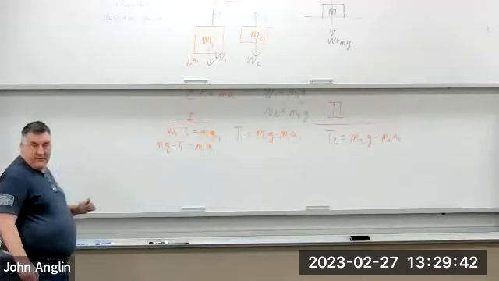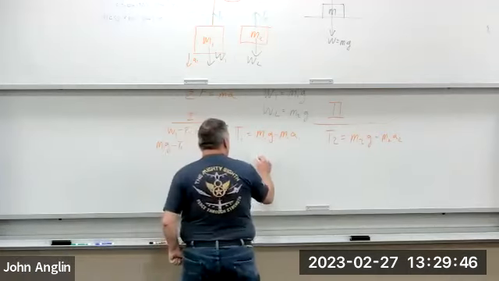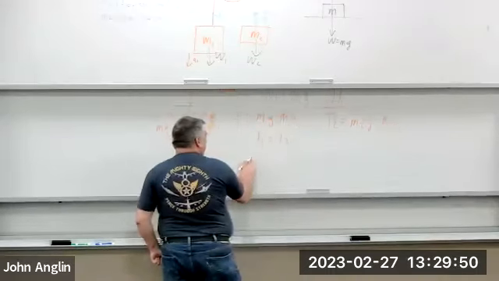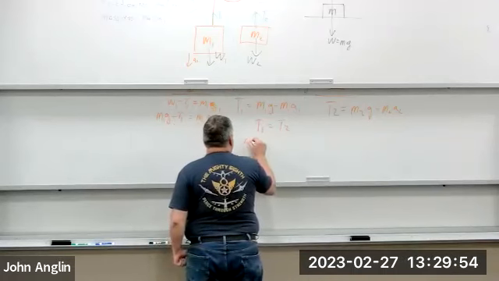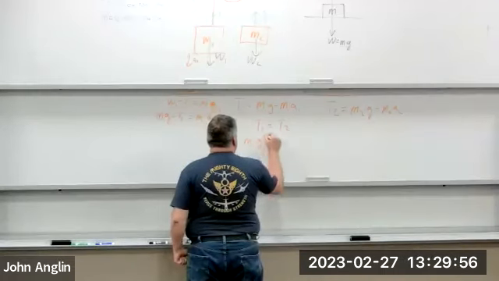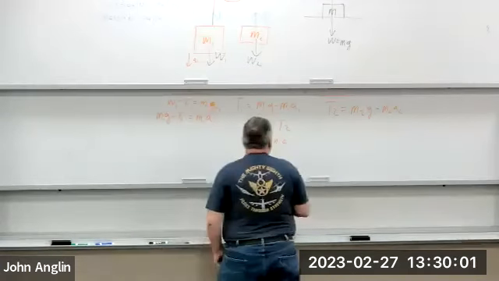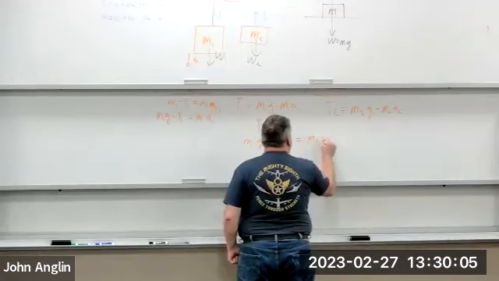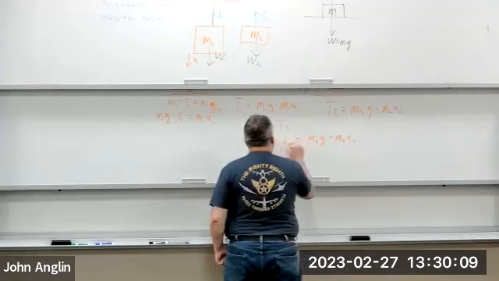Well, if we know our two tensions are the same, since T1 equals T2, and we know what T1 is, M1G minus M1A1, that's got to equal M2G minus M2A2.